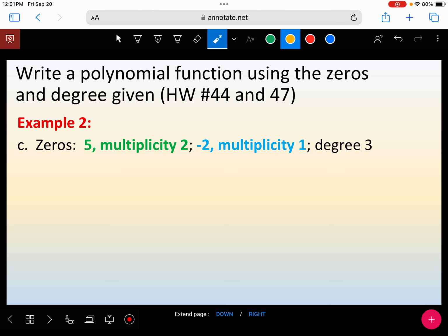So we have a 0 at positive 5, and that has a multiplicity of 2. We have a 0 at negative 1, and that has a multiplicity of 1.